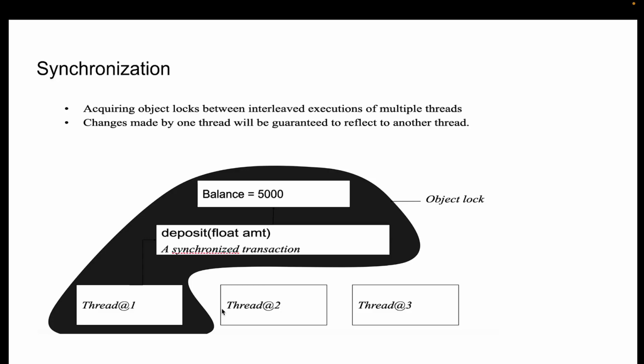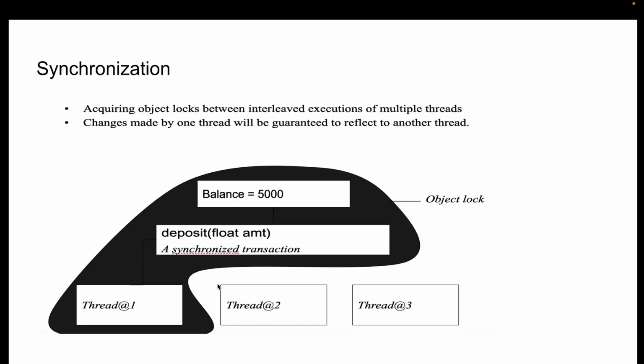Then thread 3 acquires this object lock, comes into the picture and deposits that particular amount, and then the amount is reflecting 7,000 plus 1,000, and that is 8,000.